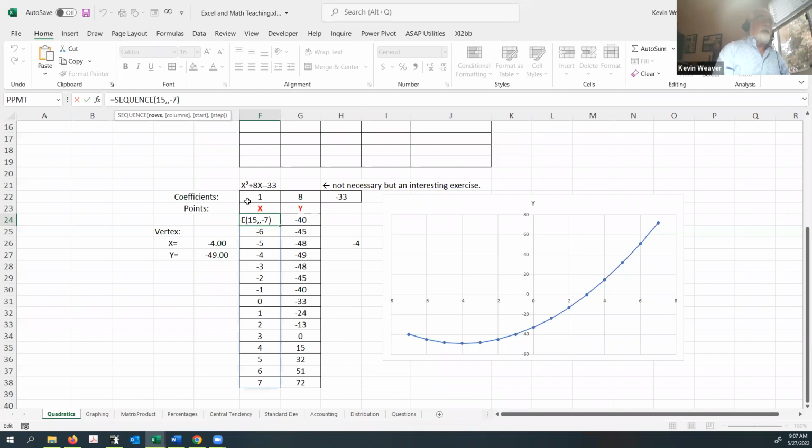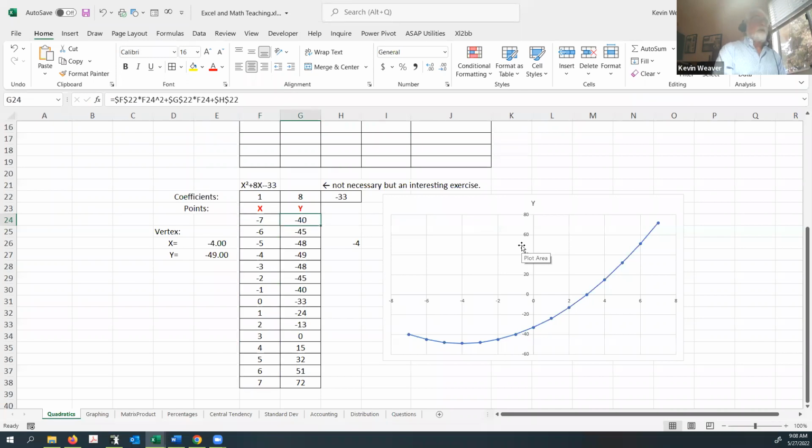And so the sequence function immediately uses something in Excel 365 called a dynamic array. And what it does is it immediately fills in the X column with the numbers from -7 to 7, incrementing by 1.